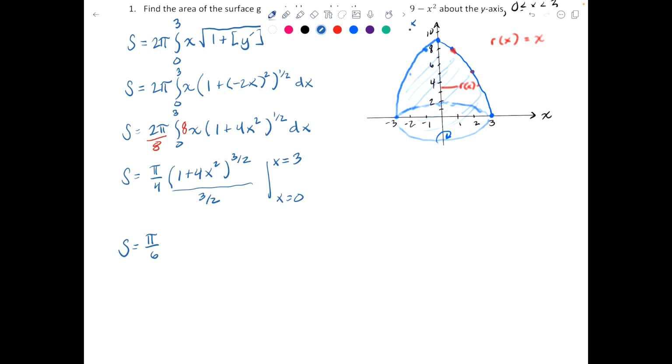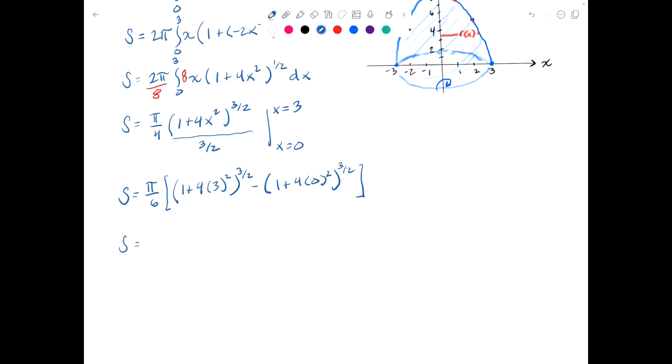And so then we would have 1 plus 4 times 3 squared, that whole thing to the 3/2, minus 1 plus 4 times 0 squared, that whole thing to the 3/2.